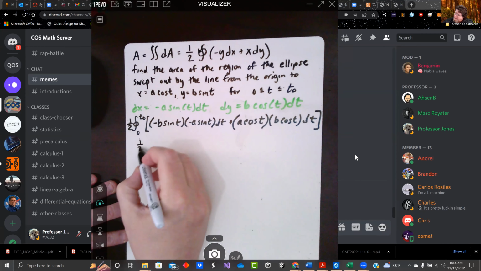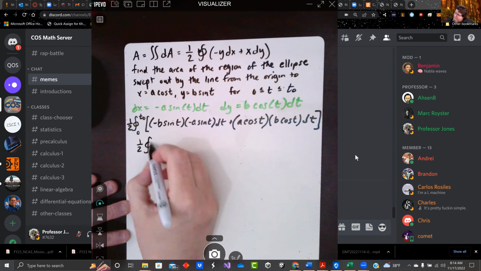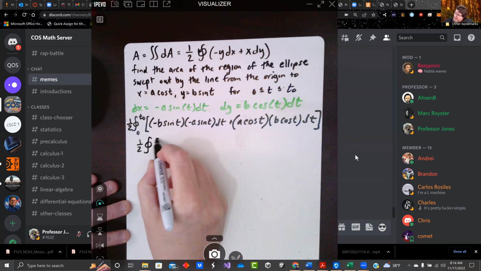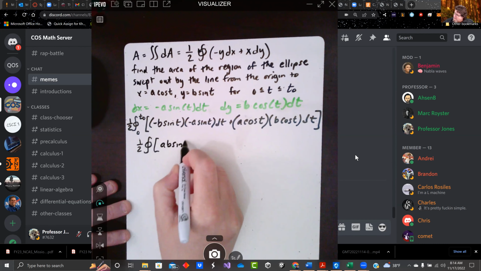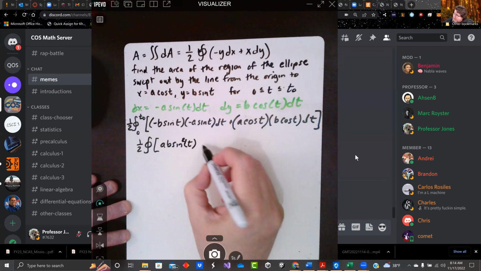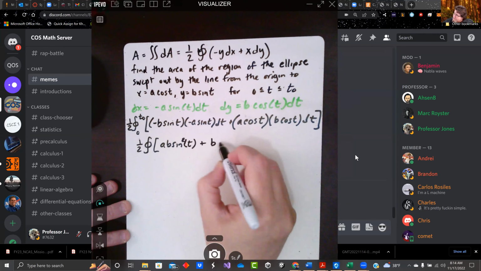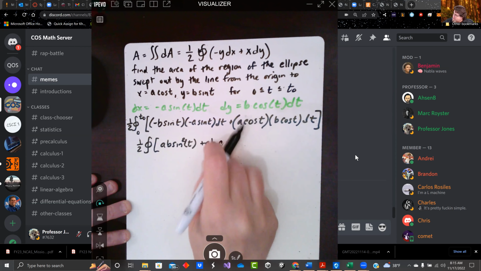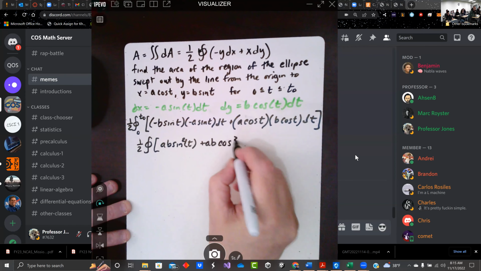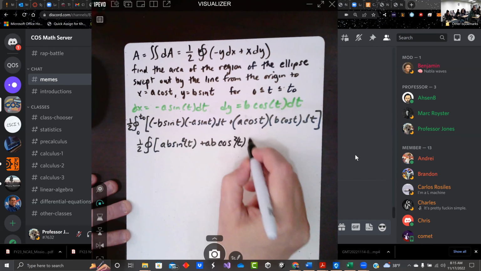So if we clean this up, we have ab sine squared t plus ab cosine squared t dt.